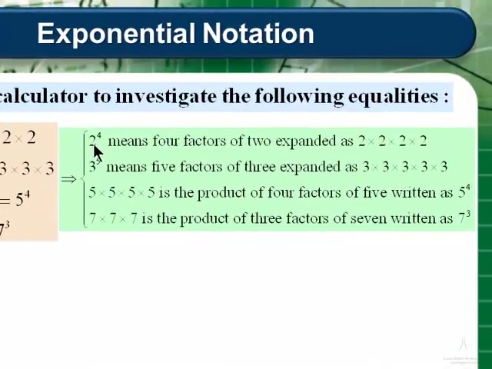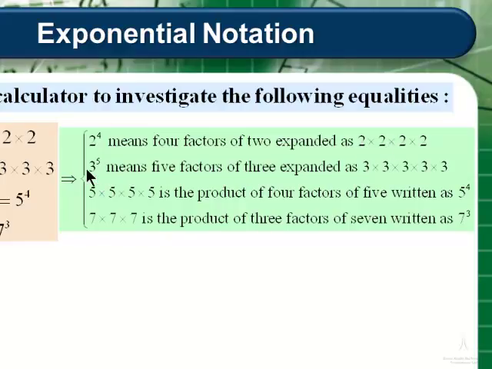We can conclude that 2 to the power 4, which really means you have the number 2 multiplied 4 times by itself, can be expanded as 2 multiplied by itself 4 times.